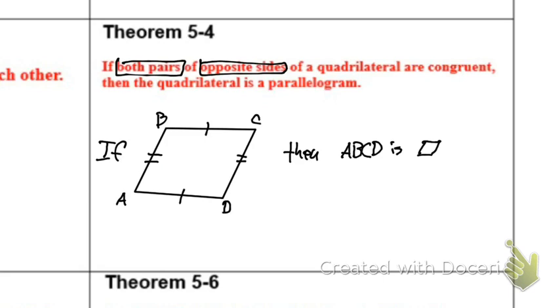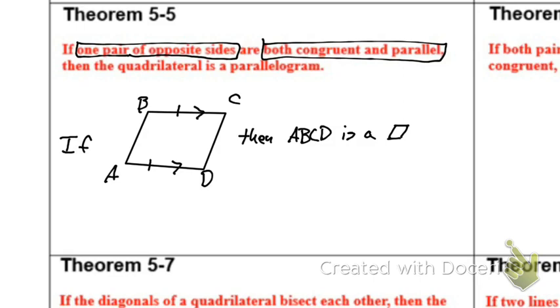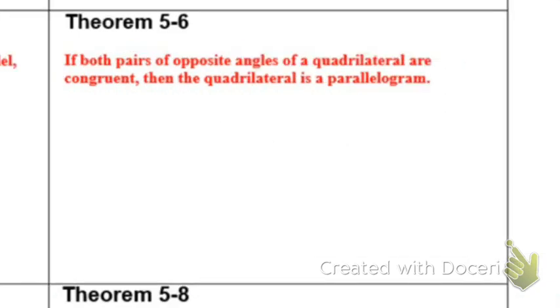All right, so theorem 5.4. Theorem 5.5 is you just need two sides that are congruent and parallel. Theorem 5.6 says that if both pairs of opposite angles of a quadrilateral are congruent, then the quadrilateral is a parallelogram.